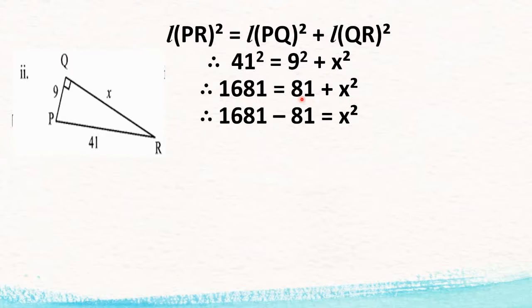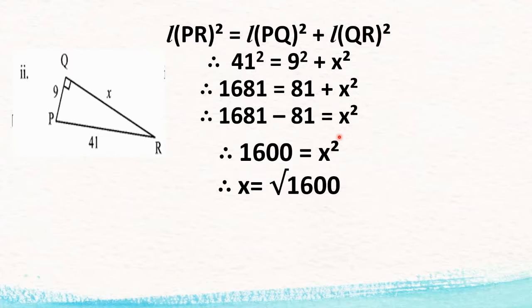Now 81 we will take on the left hand side, it will become negative. So 1681 minus 81 is equal to x square. So x square is equal to 1600.